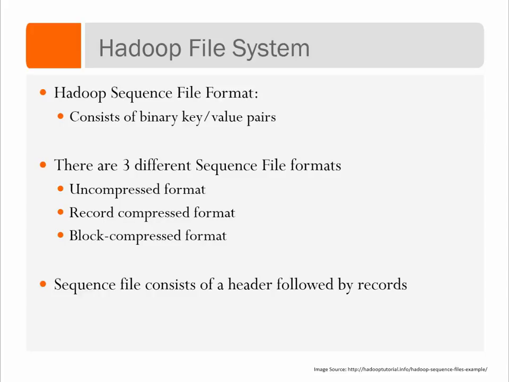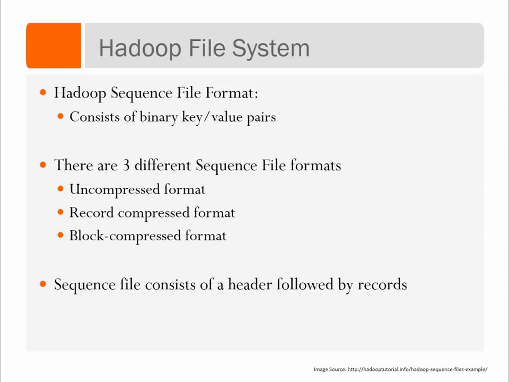We can also have files from the Hadoop file system, one of the versions of big data files. So the Hadoop sequence file format consists of a binary key and value. So basically, we're pairing that binary key and then a value.